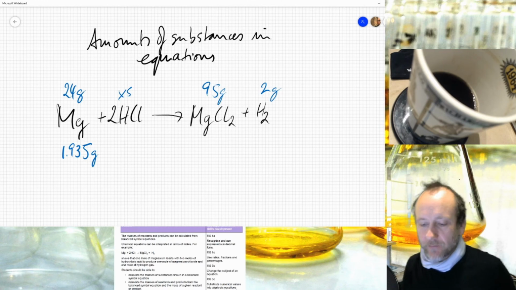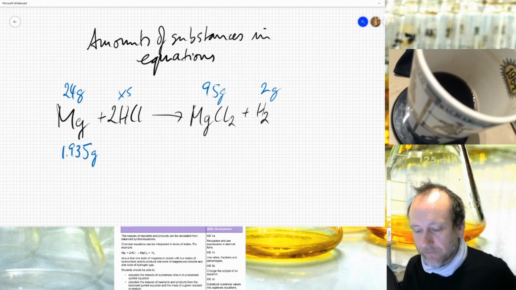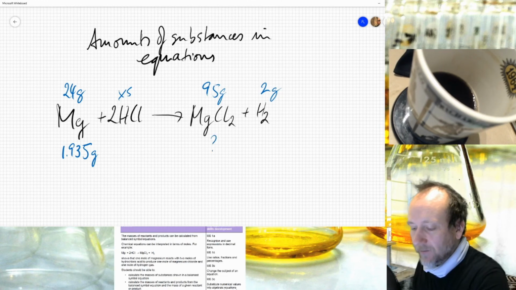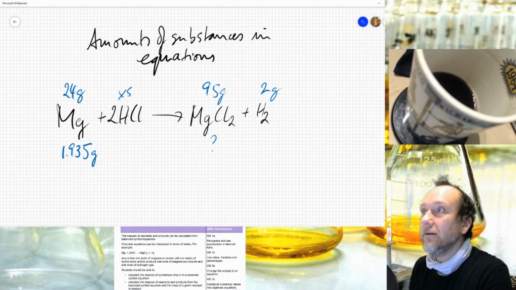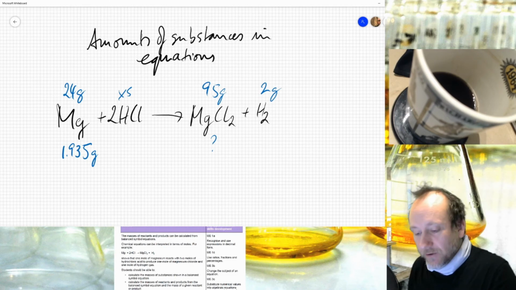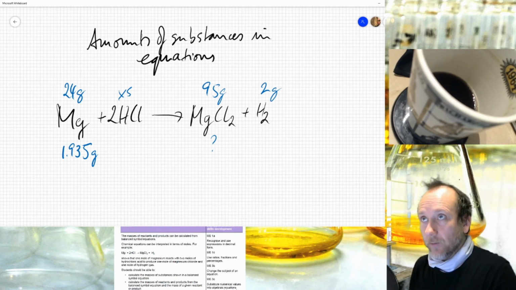So you start off with 1.935 grams. So how much magnesium chloride would you make? So if you use ratios, then the answer is straightforward, because if you had 24 grams, you would be making 95 grams. So if you had 24 grams of magnesium, you would be making 95 grams of magnesium chloride. But you don't have 24 grams, you have 1.935.